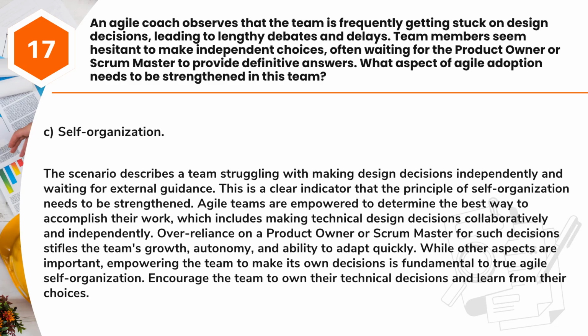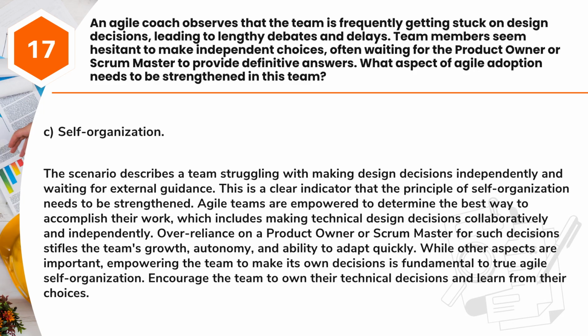Answer: C. Self-organization. The scenario describes a team struggling with making design decisions independently and waiting for external guidance. This is a clear indicator that the principle of self-organization needs to be strengthened. Agile teams are empowered to determine the best way to accomplish their work, which includes making technical design decisions collaboratively and independently.